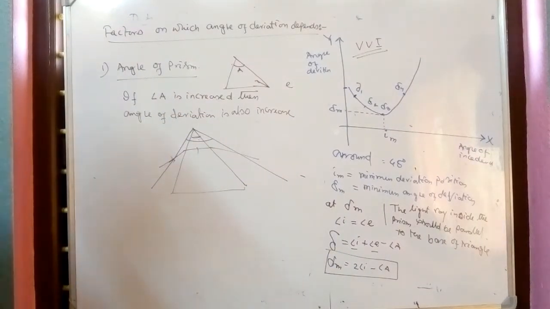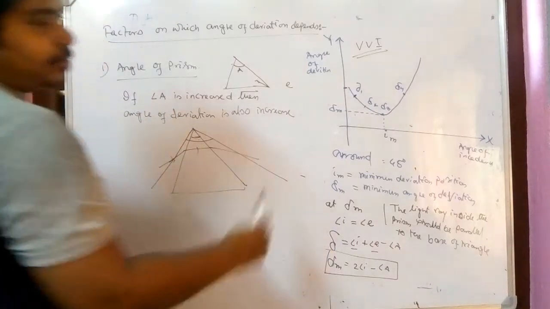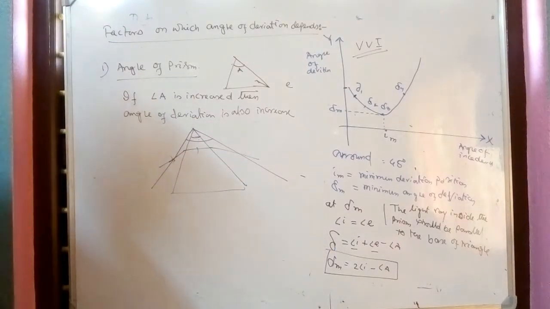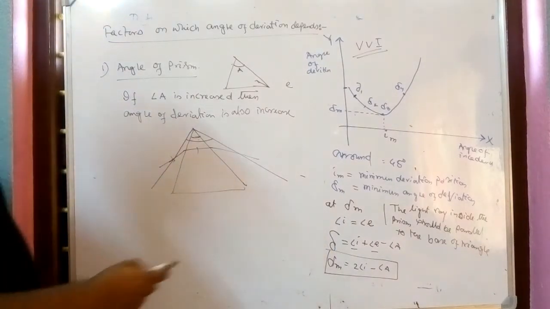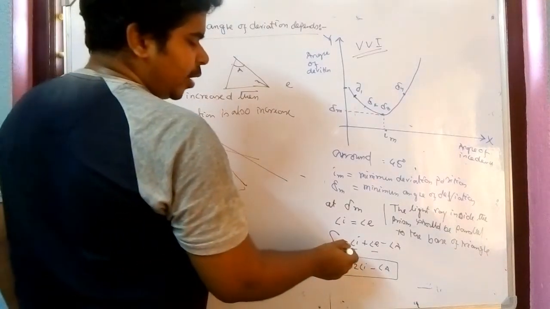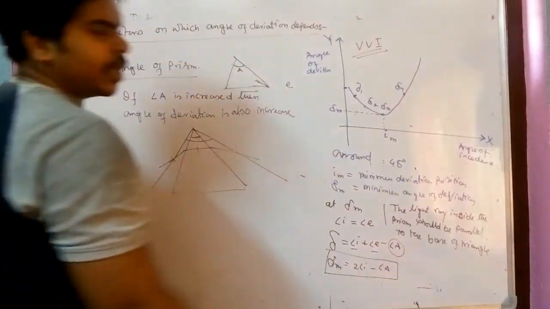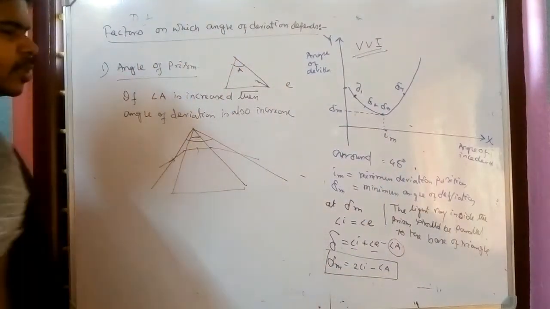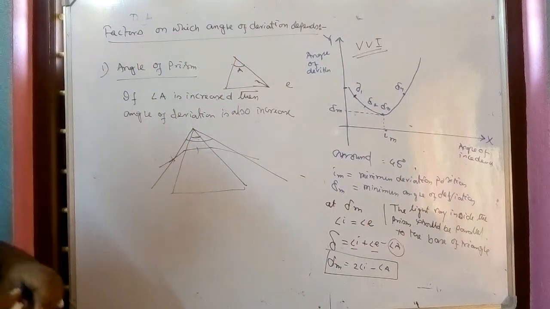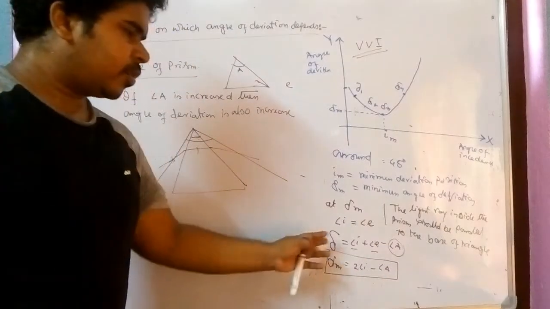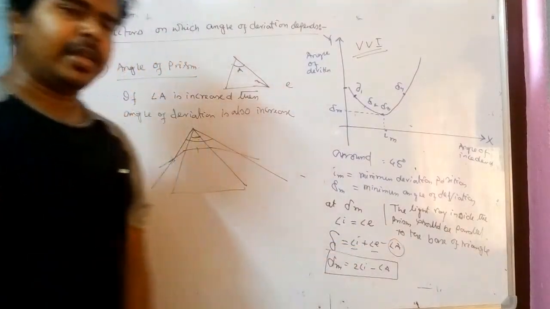Though the equation tells a different story, delta equals I plus E minus A. As per this equation, you might think, sir, if A is increased, the deviation should decrease, because it is minus.